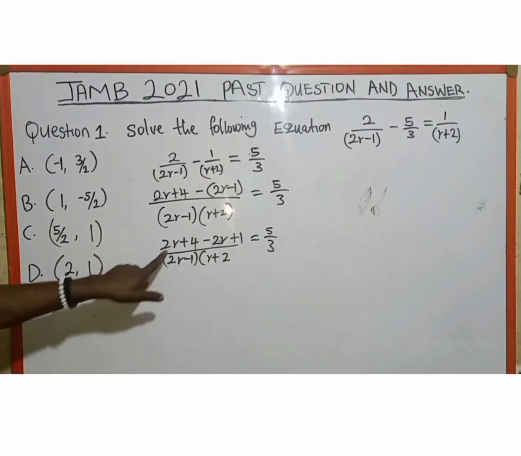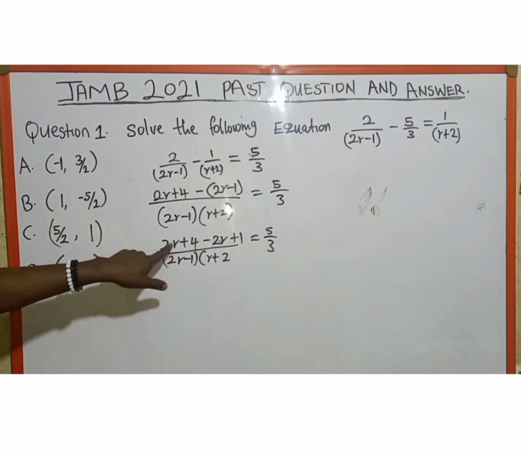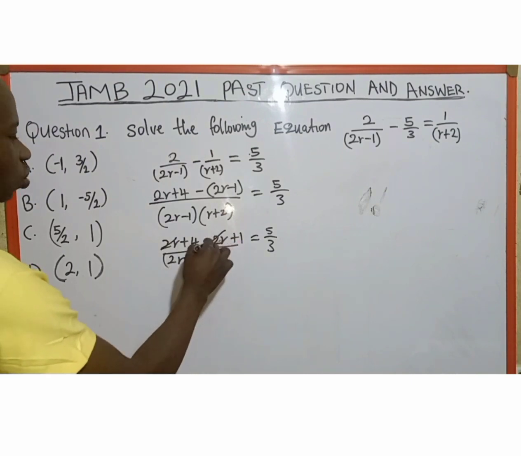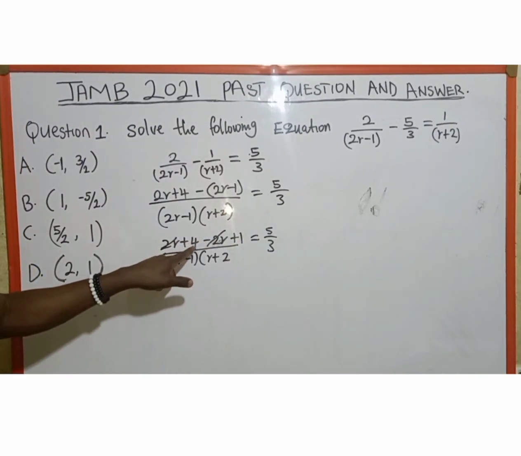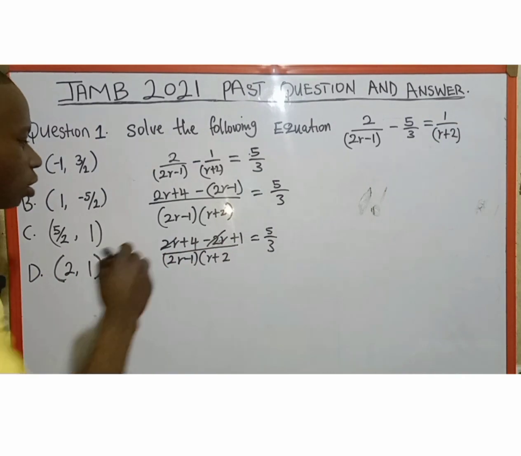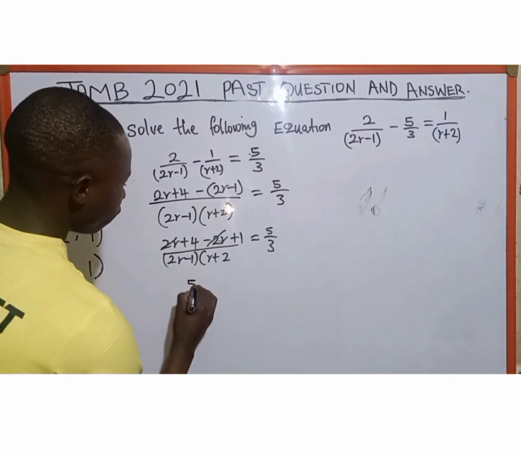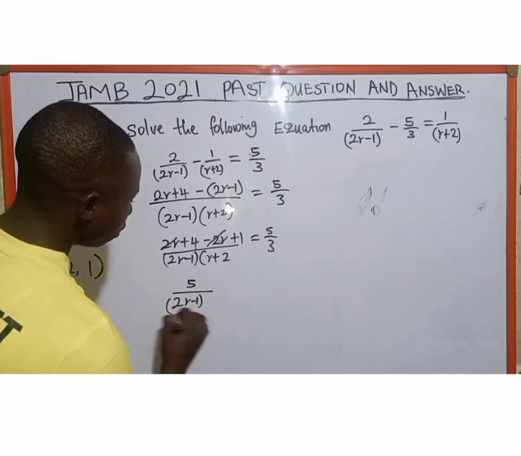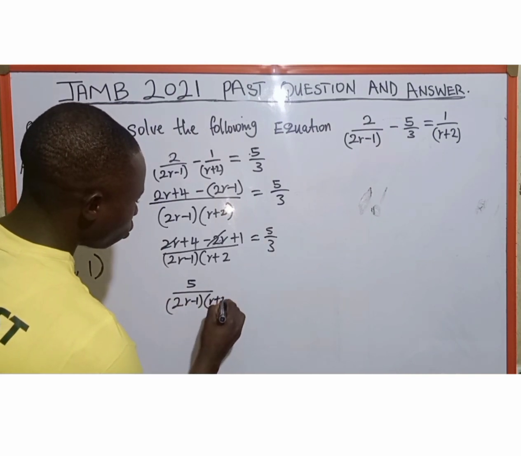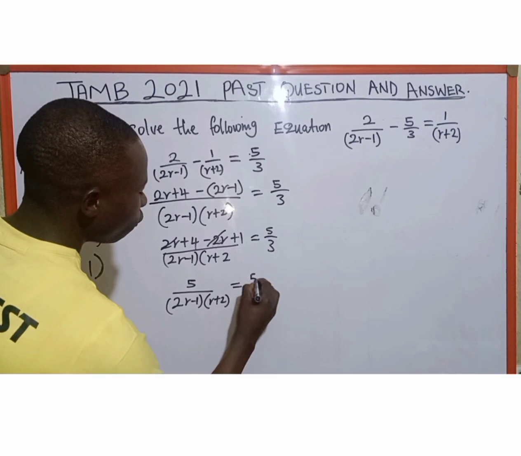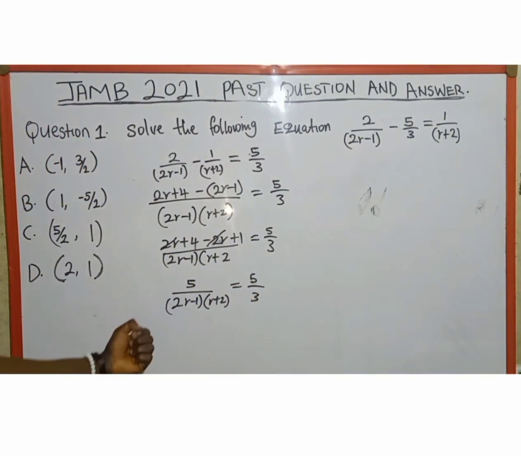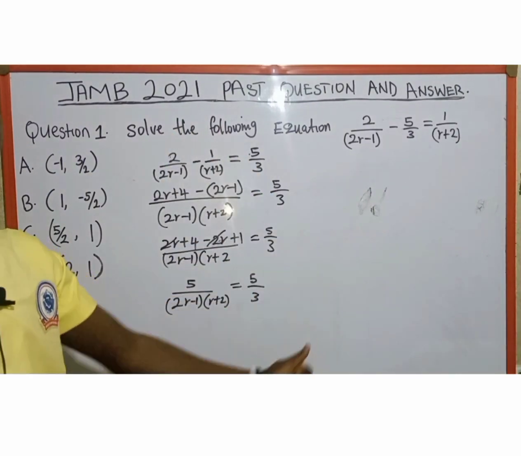The next thing we are going to do, if you look at the numerator here, we have 2r and negative 2r. So this can cancel this. In the numerator, we are left with only 4 plus 1, which is equal to 5. Then 5 over 2r minus 1 multiplied by r plus 2, which is equal to 5 over 3. And remember, in an equation, the left hand side must be equal to the right hand side.